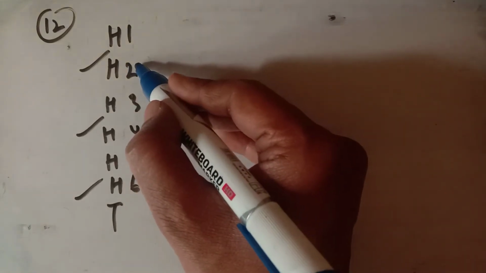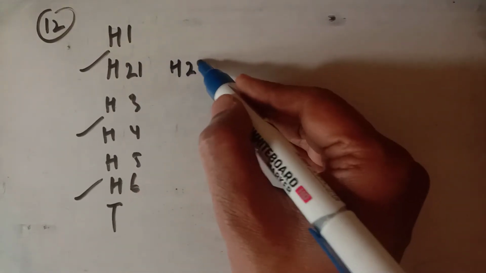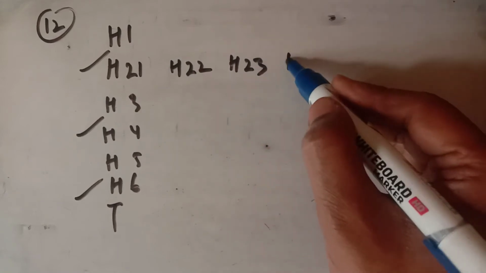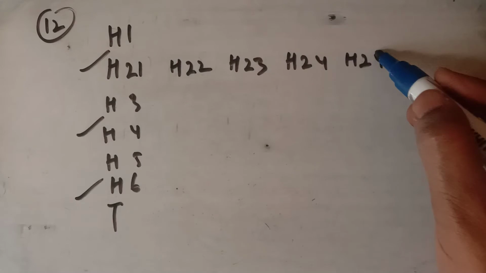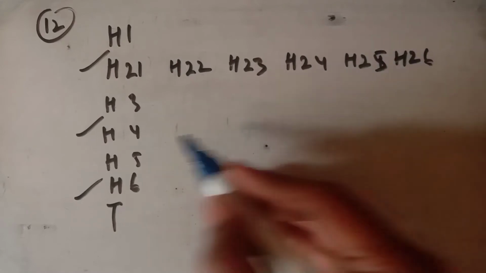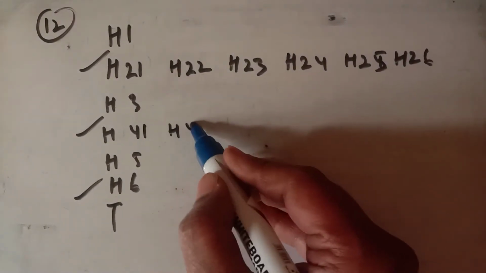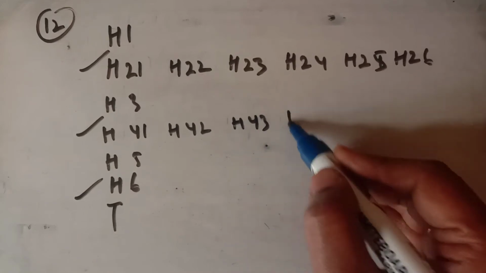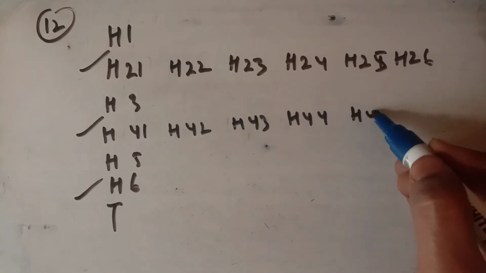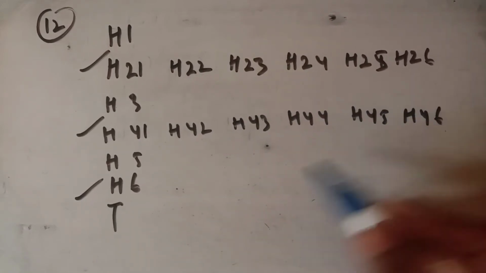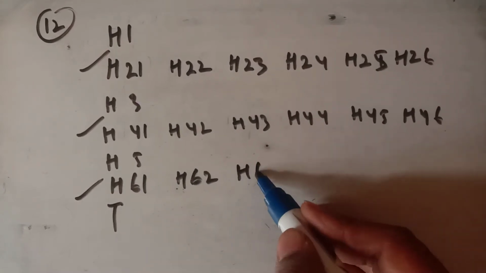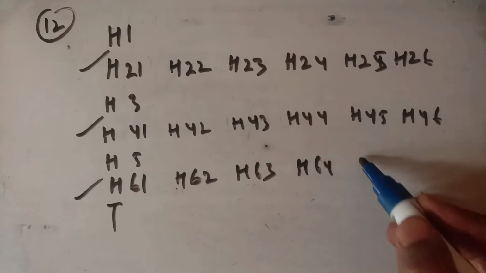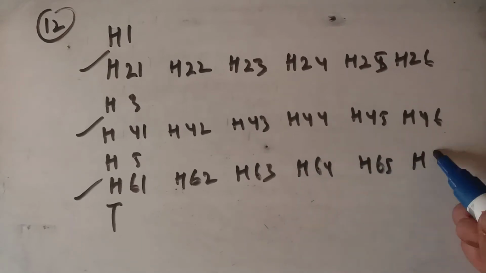So it can be head 2 1, head 2 2, head 2 3, head 2 4, head 2 5, head 2 6, head 4 1, head 4 2, head 4 3, head 4 4, head 4 5, head 4 6, head 6 1, head 6 2, head 6 3, head 6 4, head 6 5, head 6 6.